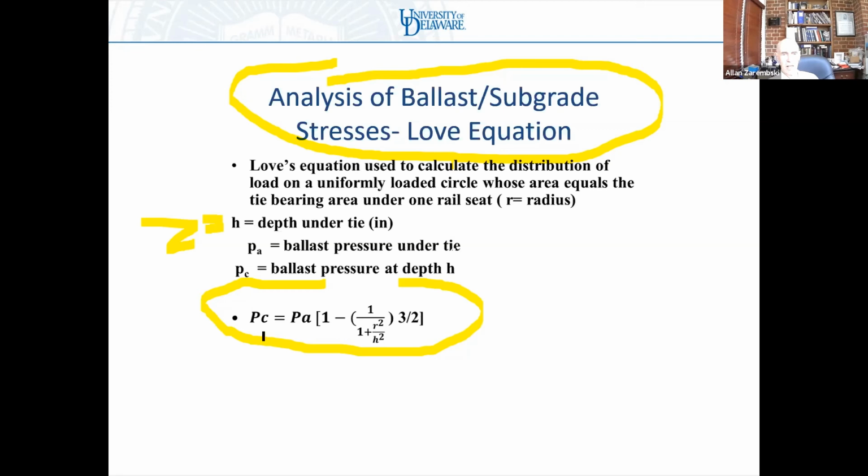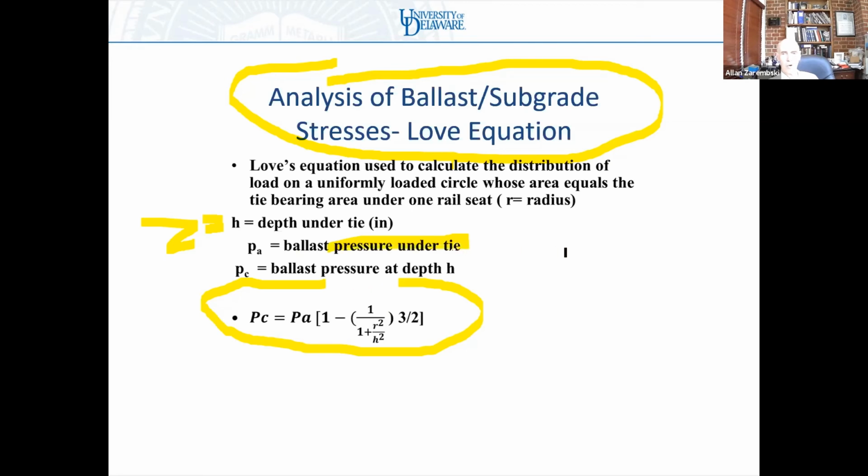The stress at depth Z is equal to P sub A, which is the pressure under the tie, same as in the Talbot equation, times 1 minus 1 over (1 + R squared over A squared) to the 3/2, where R is the radius of the tie bearing plate that you use to calculate the equivalent ballast pressure.